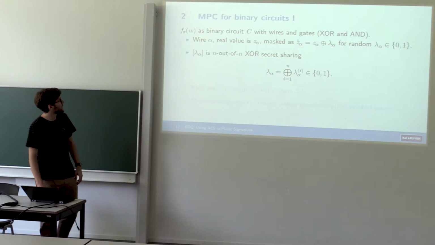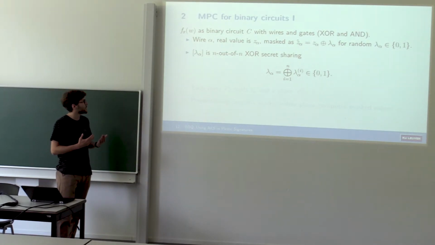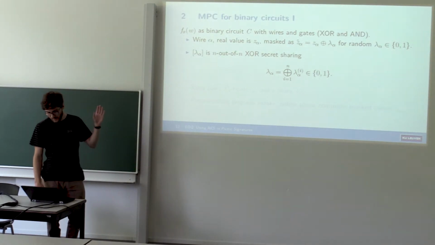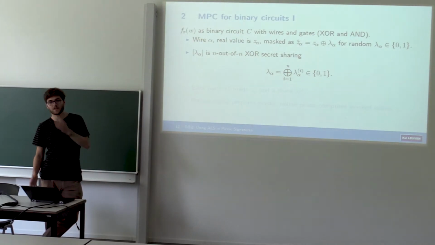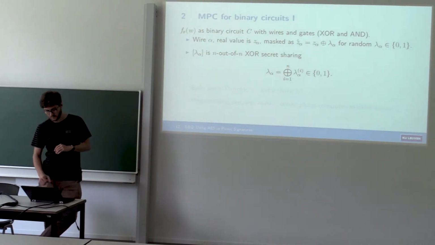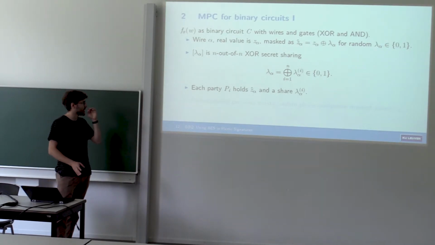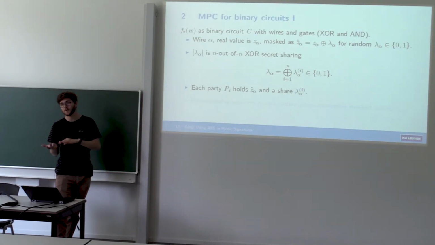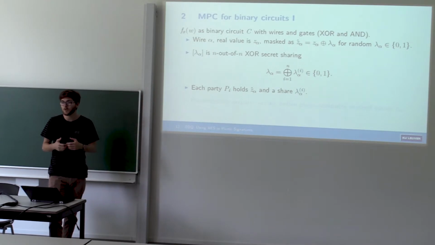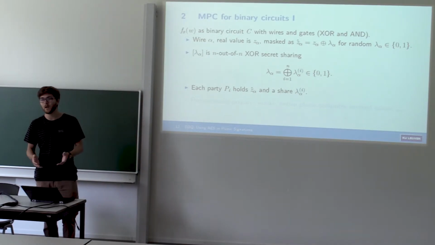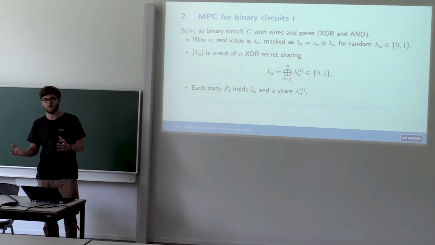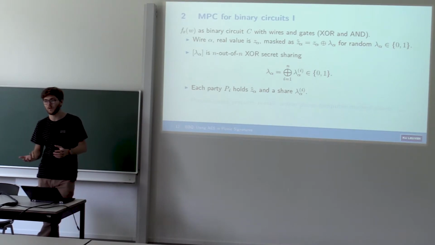Now this mask lambda is going to be secret shared. So every party is going to have lambda_i, such that the sum of them is the real mask. And then every party is going to have the masked value Z hat and their share of the mask. So obviously every party alone cannot recover the real wire value, and even n-1 parties alone is still not enough to recover the entire value.